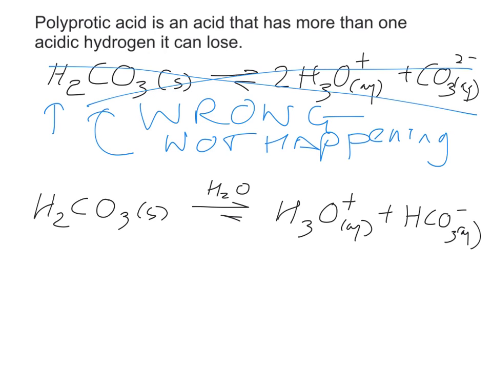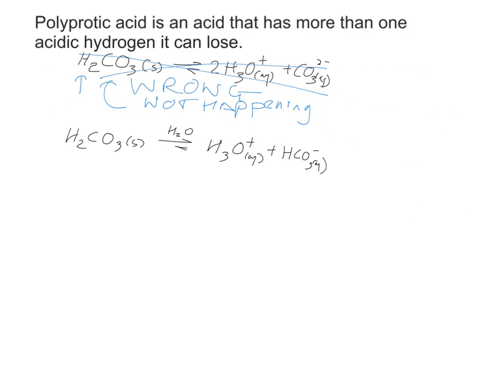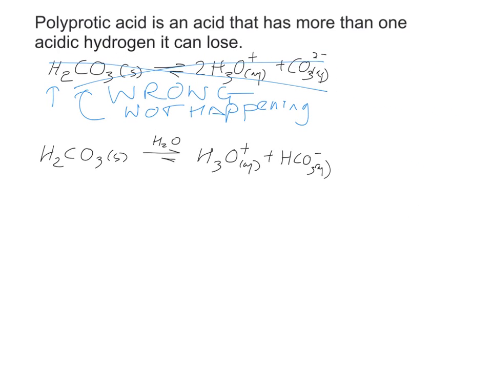So we've removed one of our protons. The second proton is going to have to leave the bicarbonate ion if carbonic acid is going to lose both of those protons.